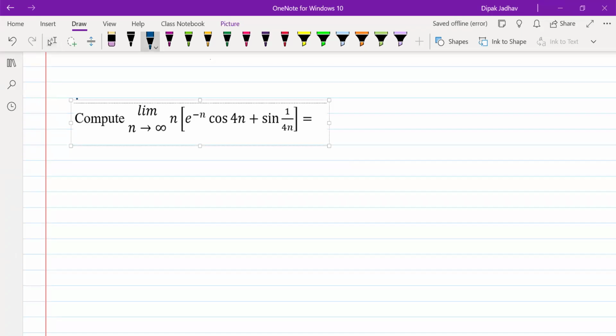So I will evaluate this limit. You can easily see that you multiply by n inside, so you'll have something like this.